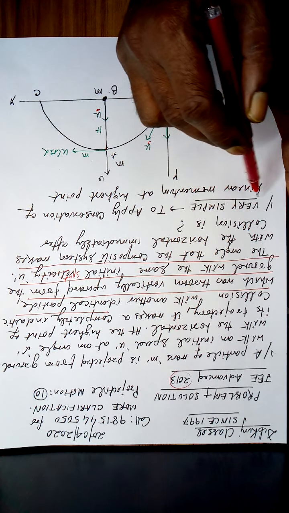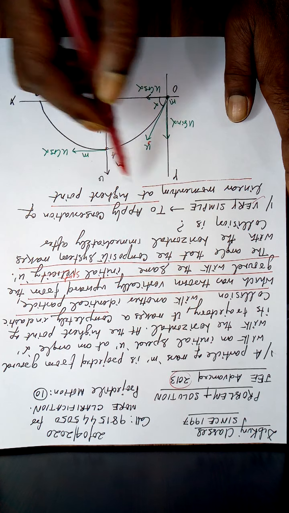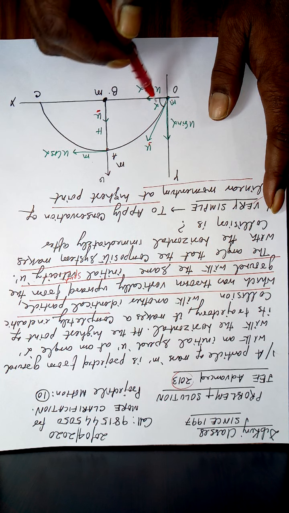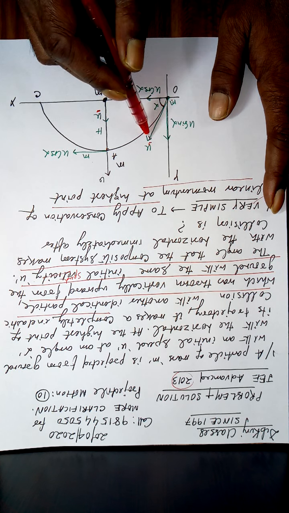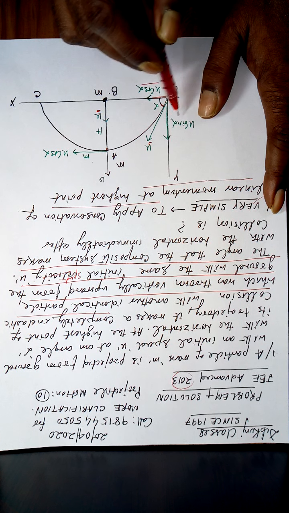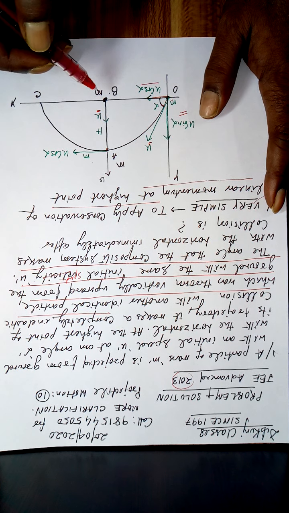Now, it's very simple. We have to apply the conservation of linear momentum at the highest point A. Look, this angle is given alpha, this is u, so this horizontal component is u cos alpha, this vertical component is u sin alpha, and this is h.